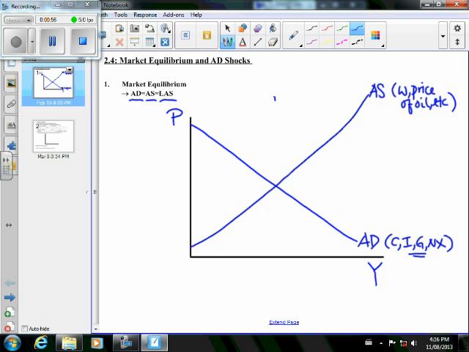And let us suppose to begin with, the short-run equilibrium is exactly equal to the long-run equilibrium. So let us put in the long-run aggregate supply in here. So my short-run GDP Y0 is equal to the potential GDP. The price level, let's call this P0.